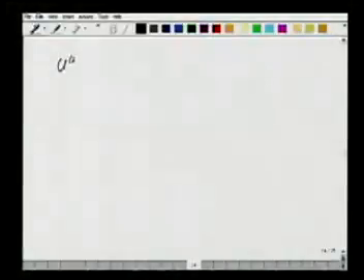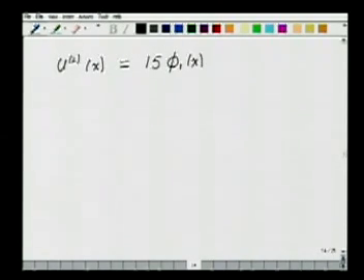The coefficients are u1 and u2. So now my solution u2 of x is equal to 15 phi 1 of x plus 20 phi 2 of x.